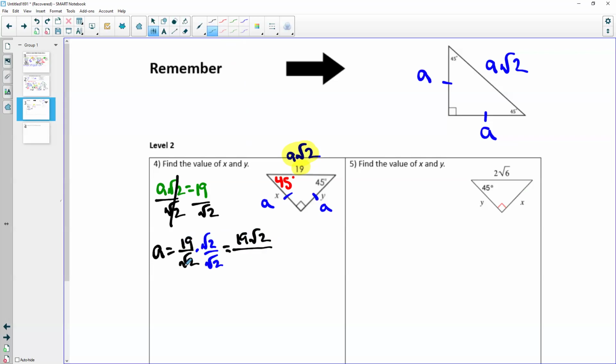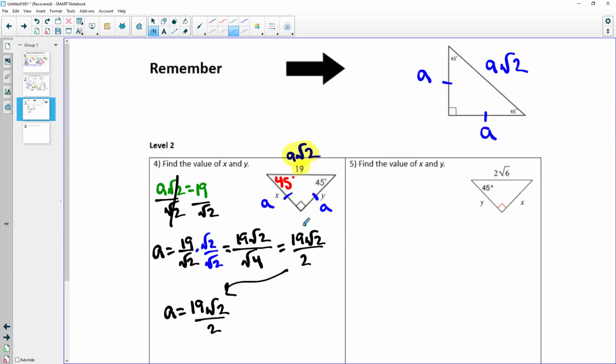And on the bottom, the square root of 2 times the square root of 2 would give us the square root of 4. And we would keep simplifying here. On the top, we still have 19 square root of 2, but on the bottom, the square root of 4 actually becomes 2. And so now we can break this down to where we realize that A is equal to 19 square root of 2 over 2.